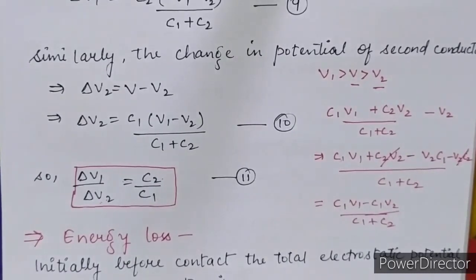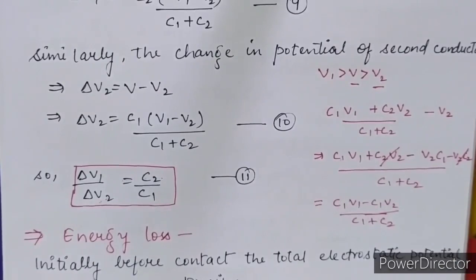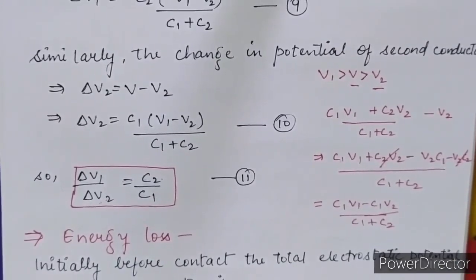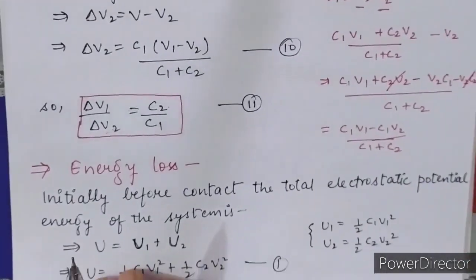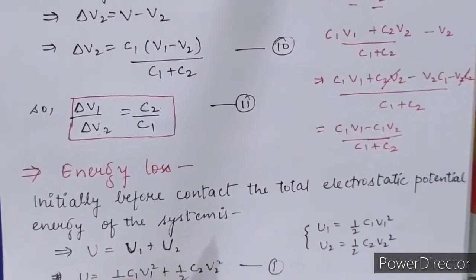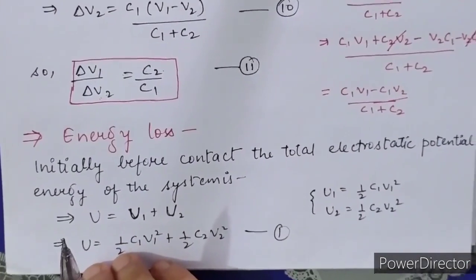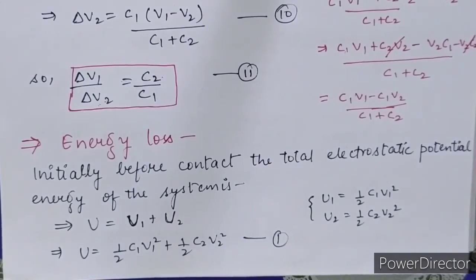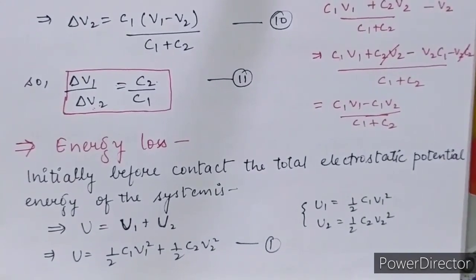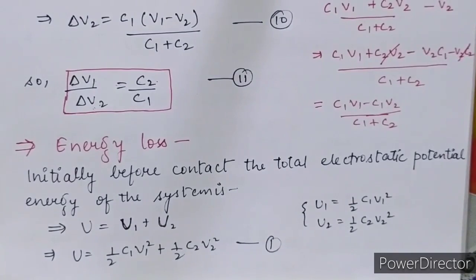As we have both values of charges, we calculate the total charge by comparing both equations. C1 V1 plus C2 V2 is equal to (C1 plus C2) into V, and from that we can easily calculate the common potential V. The value of V is C1 V1 plus C2 V2 divided by C1 plus C2.